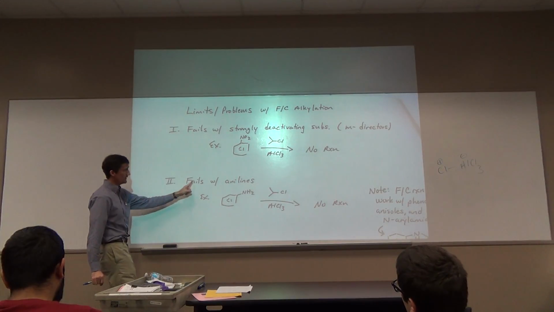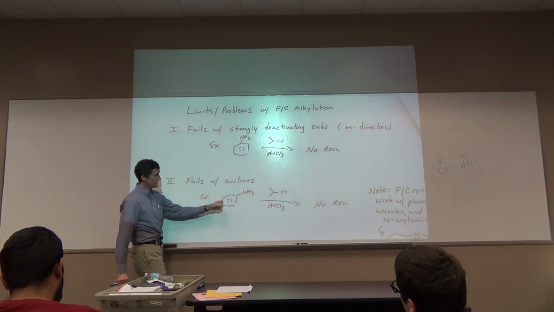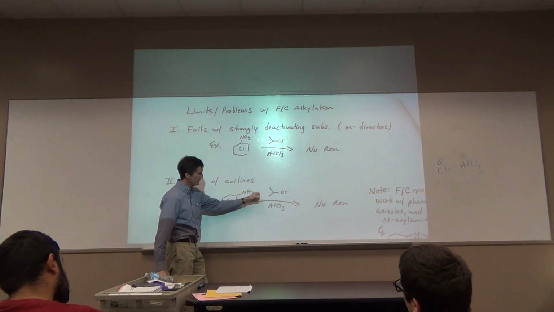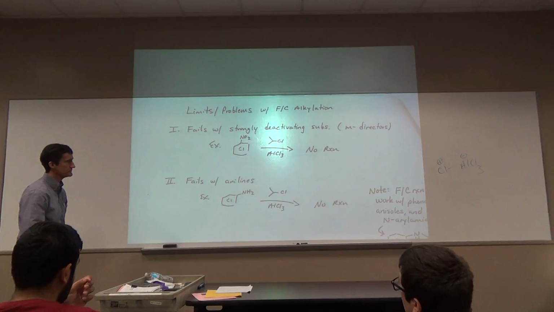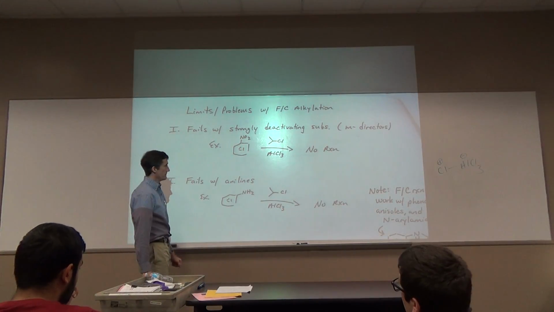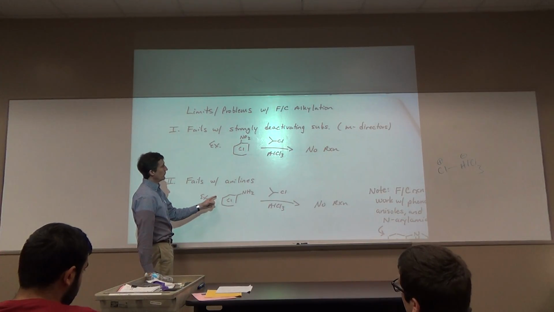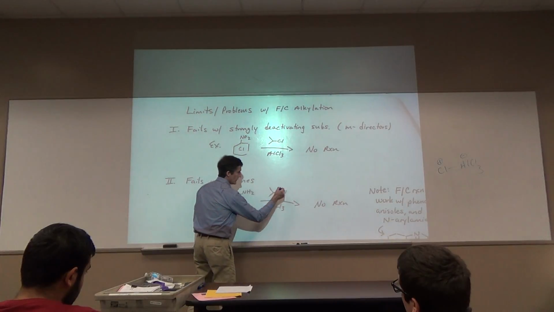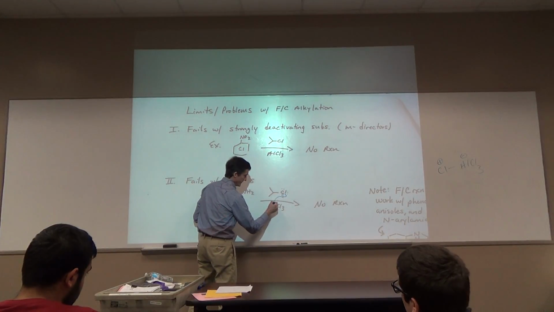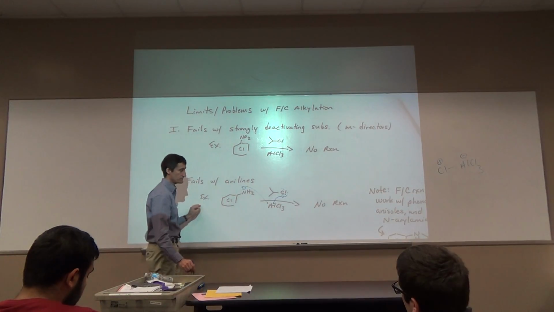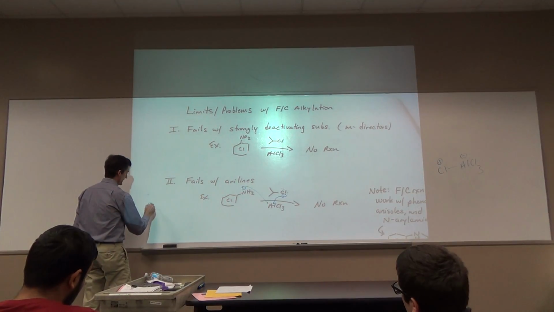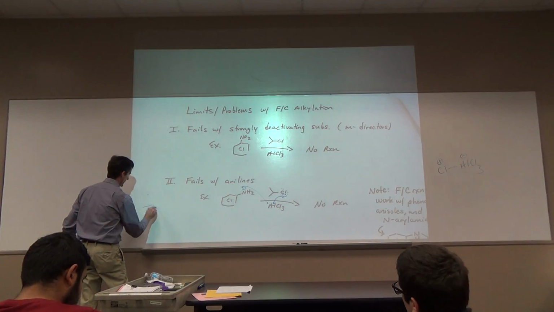Okay, another problem is it fails with anilines. You take aniline or a substituted aniline, try to do the reaction, no good. Why? It's going to complex with the acid. Well, if we're trying to get these to complex with the aluminum, why would that not complex? Indeed it will, and when it does, what do you get?